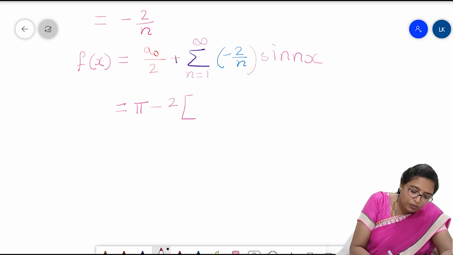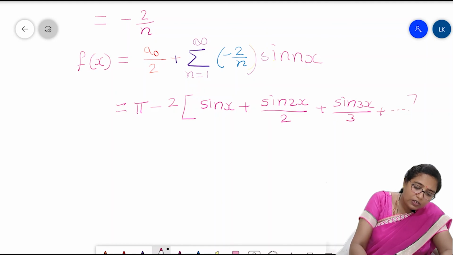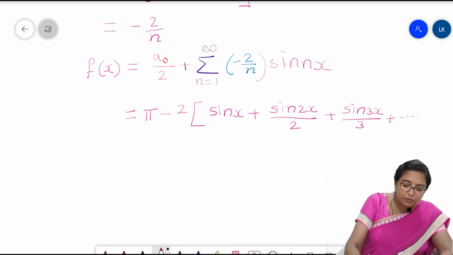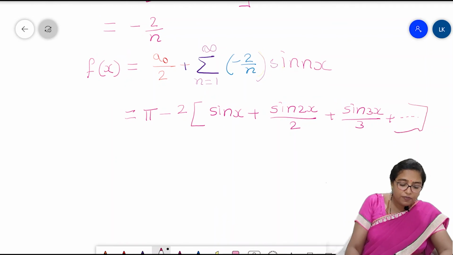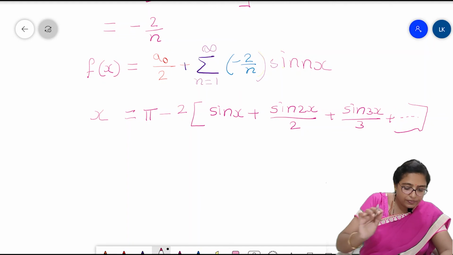If n is equal to 1, that means sin 1x, plus n is equal to 2, that means sin 2x upon 2, plus sin 3x upon 3 and so on. Clear? This is our Fourier series expansion of the function f(x) is equal to x.